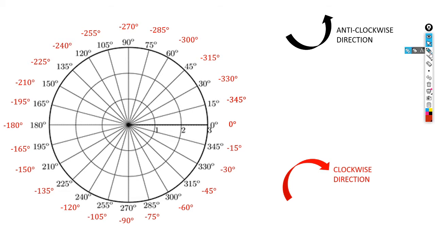So the two readings are both correct. An angle of minus 15 is the same as an angle of 345. The only difference is the reading: you read clockwise and you read anti-clockwise.